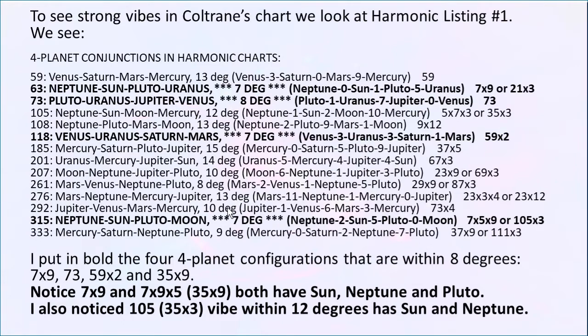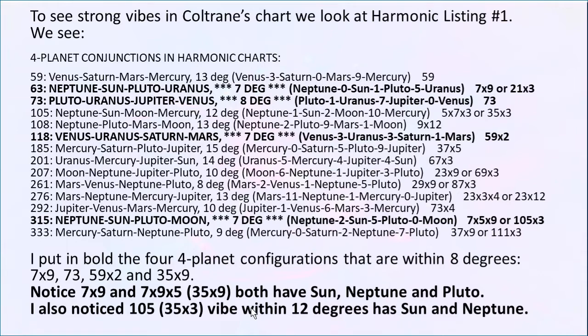When I look at the planets, I see even more strongly that there's a Sun, Neptune, Pluto thing going on. That Sun, Neptune, Pluto combines with Uranus in a 7 times 9, and it combines with the Moon in a 7 times 9 times 5. So there's some similarities in those 2 configurations.